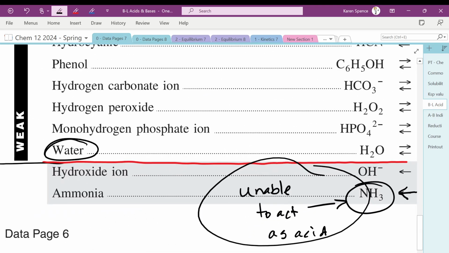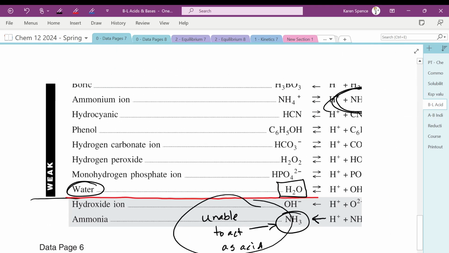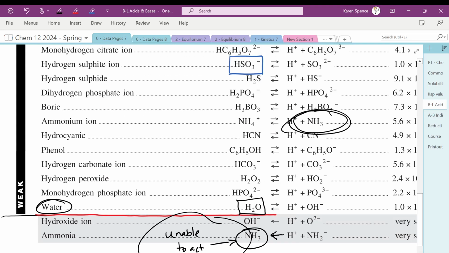Water is an acid, but it is the very, very what? Last acid on the list. That means it's the weakest acid of all the acids before you get to things that can't be acids at all. Okay, so that means water is weaker than ammonium. Ammonium is stronger than water.